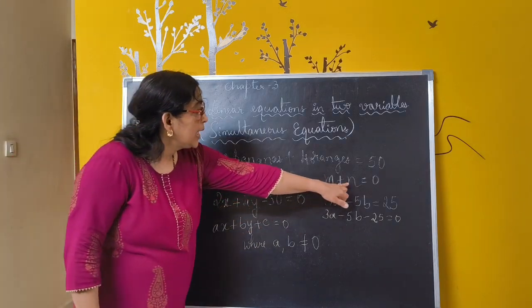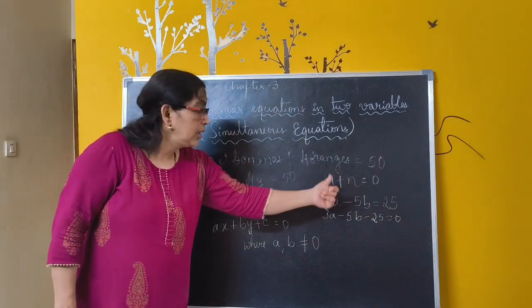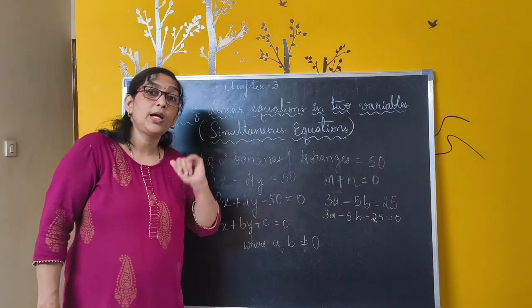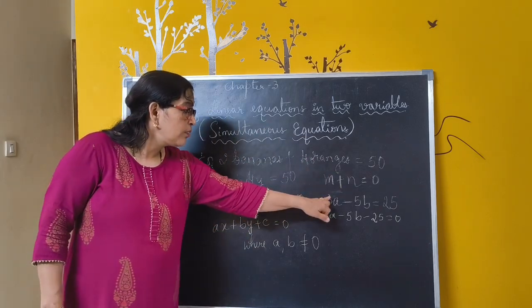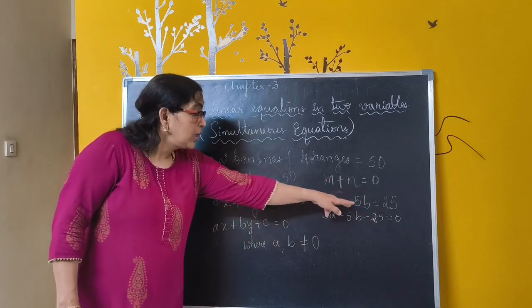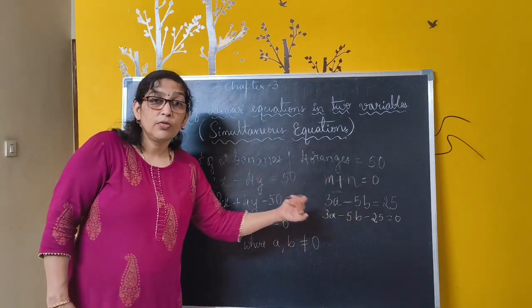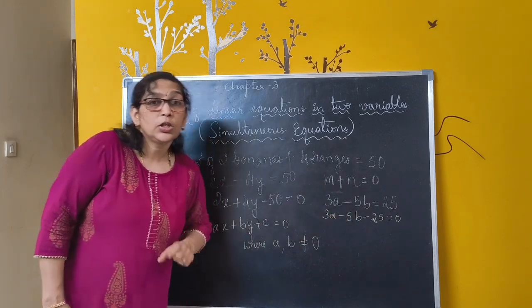Here, if n is 0, b is equal to n. Then m is equal to 0, we get only a single variable. So it would be a linear equation in one variable. Here also, if both of these are equal to 0, what happens here? We get the condition that we won't get a linear equation in two variables.